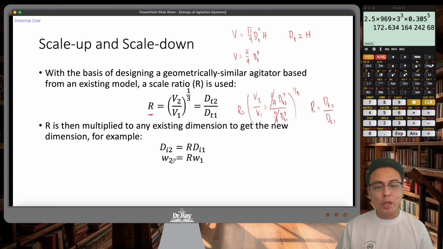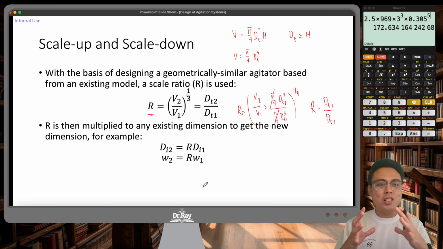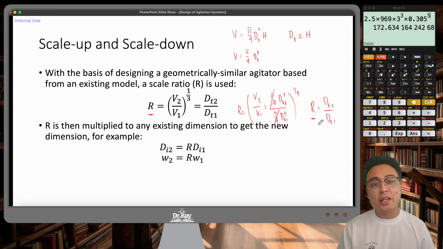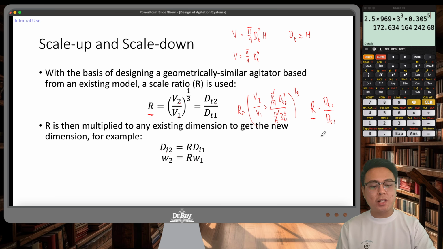The new blade width would be equal to the scale ratio R times the original blade width. No? So think of it as something that you're just trying to scale up one shape, and then everything inside of it follows. If you increase the tank, the size of the stuff inside will also increase. And all of them will do so by the scale ratio R. We will see this later as an example.